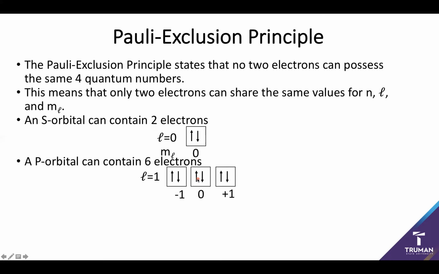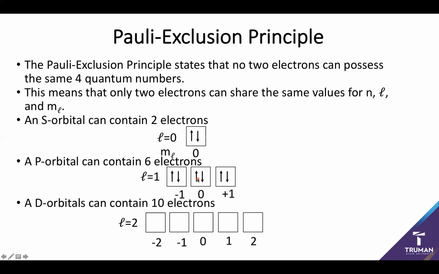So this gives us 6 electrons in the p subshell. If I look at the d subshell, this generates 5 orbitals and 10 electrons, 1 in each one, whether it's up or down.